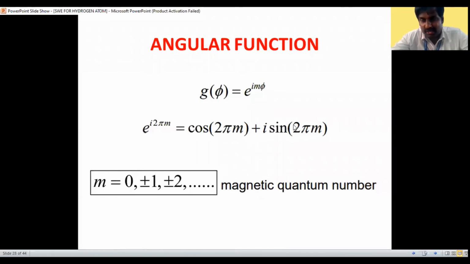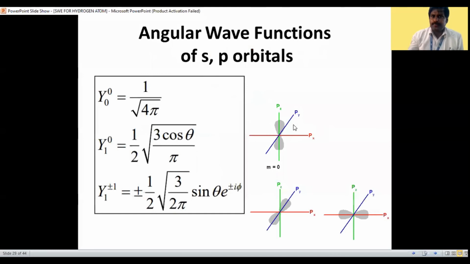I hope you remember. Similarly, here also we are substituting the phi value and defining m as the magnetic quantum number.